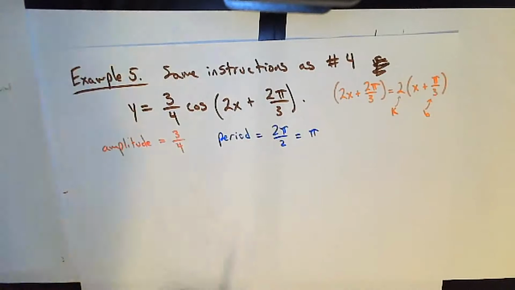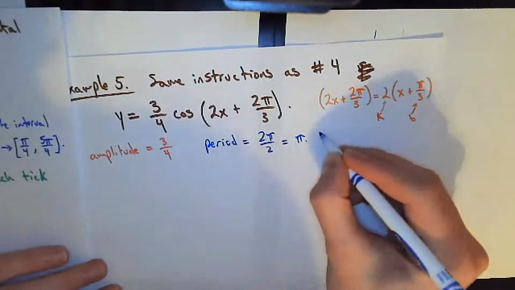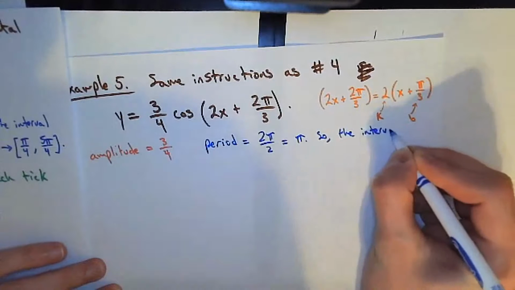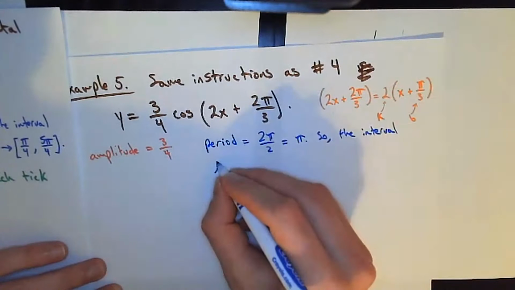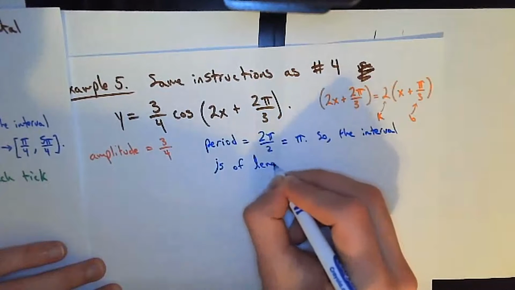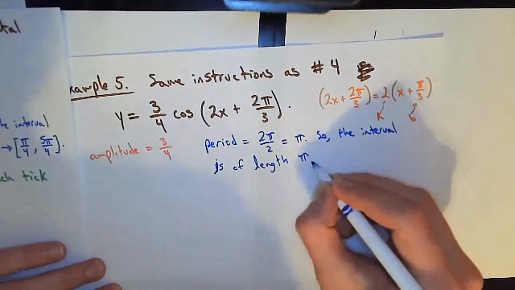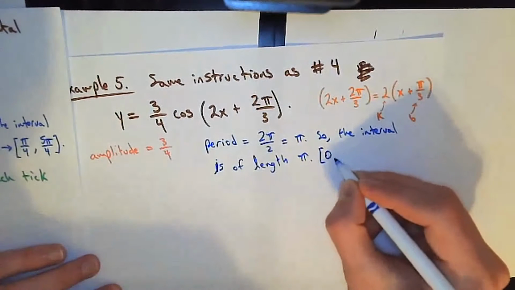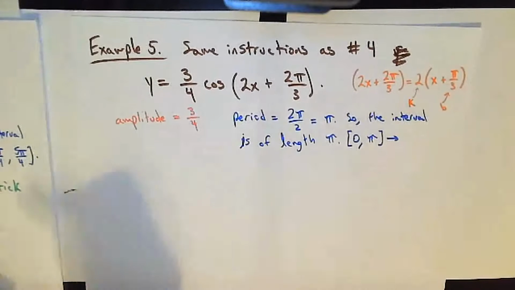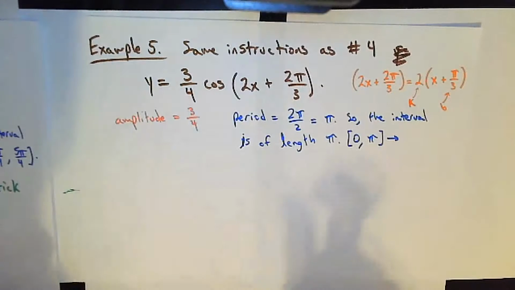So the intervals of length pi, that's what a period means. So the interval is of length pi. Well, what is the actual interval? It's 0 to pi to what? Well, maybe we should write down the horizontal shift first.